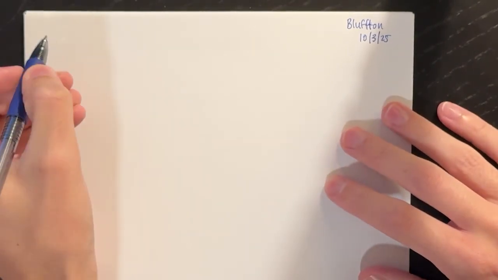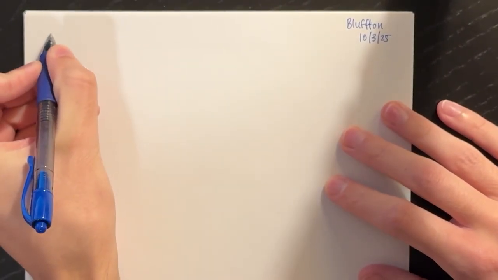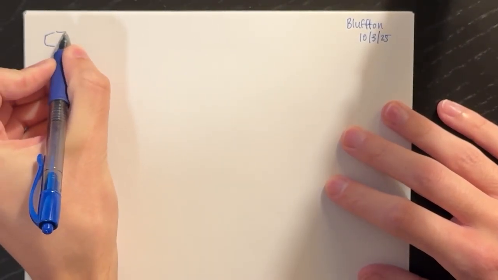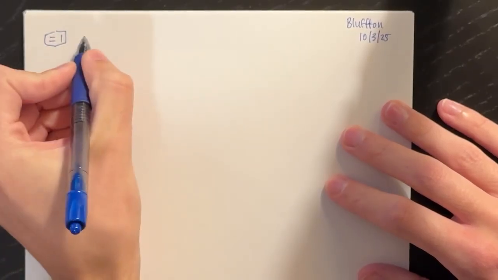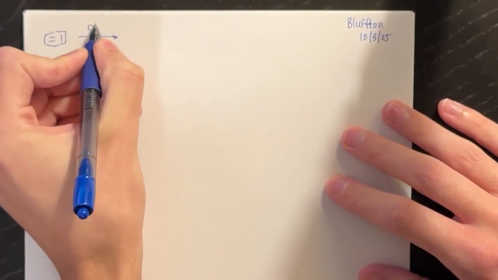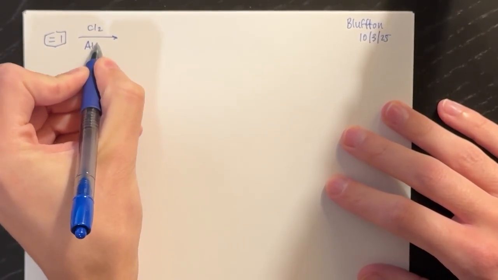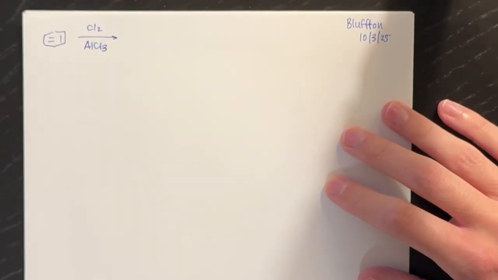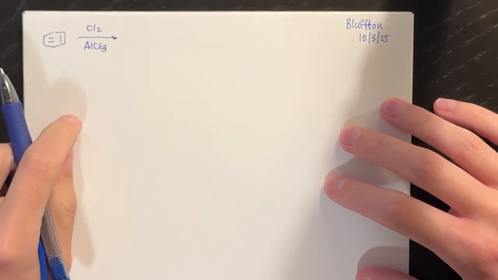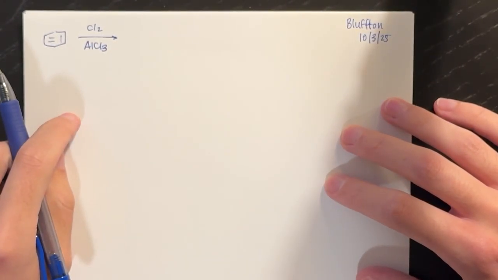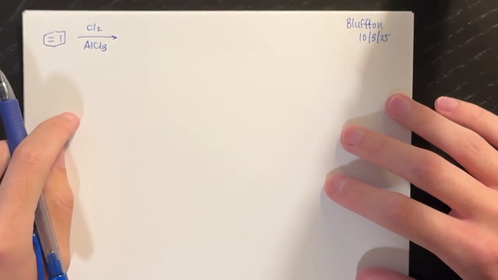Okay, so the overall reaction that we've got is benzene is being treated with Cl2, diatomic chlorine, and AlCl3, aluminum chloride.